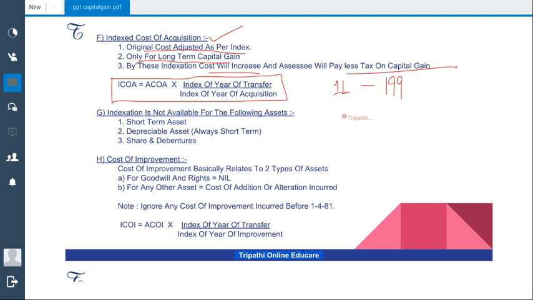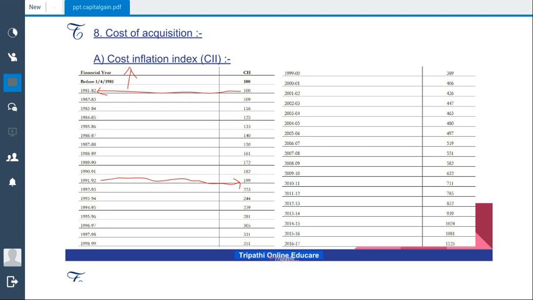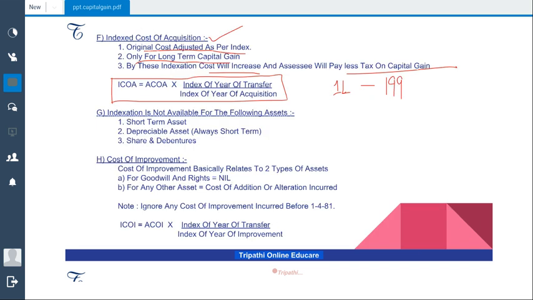And when you're selling this property, we are selling in 2016-17. So let us go back and check the cost inflation index of 2016-17. The cost inflation index of 2016-17 is 1125. So we will write 1125 below 199.